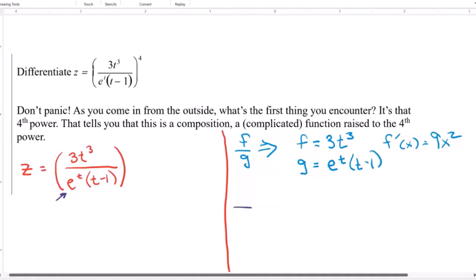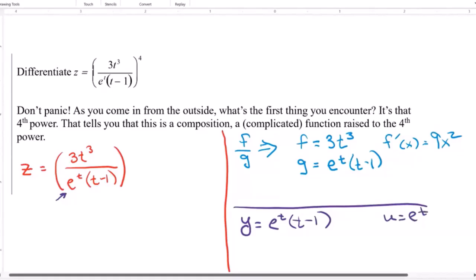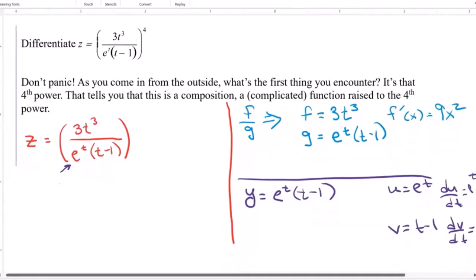So let's step down here and say, for my product rule, we have y equals e to the t times t minus 1. I'm going to set u equal to e to the t, which gives me du/dt equal to e to the t. And I'm going to say v equals t minus 1, so dv/dt is just going to equal 1. So no worries.